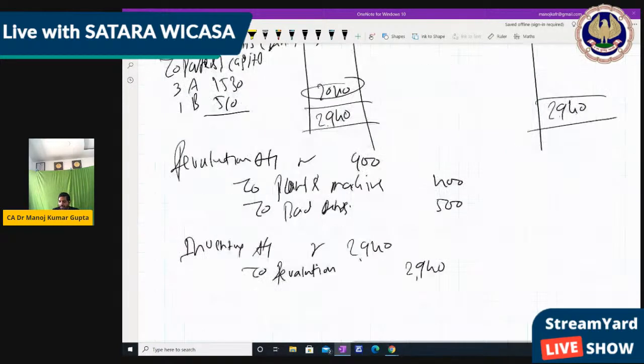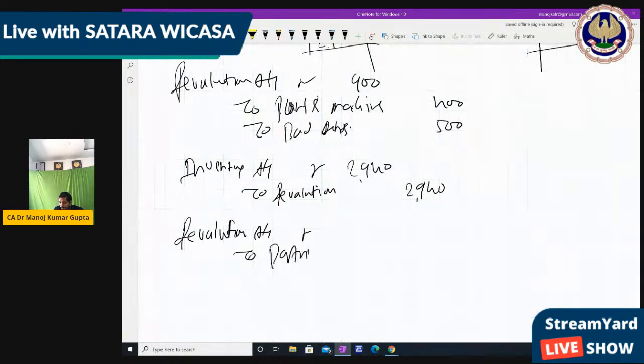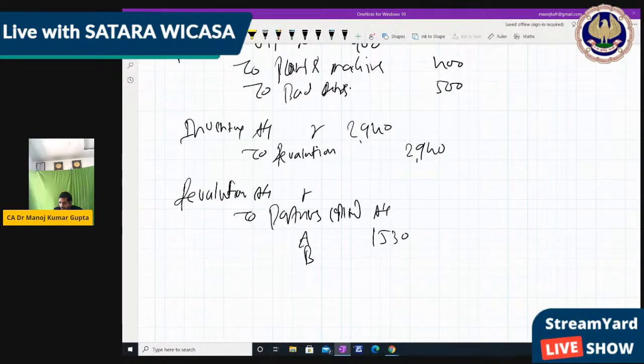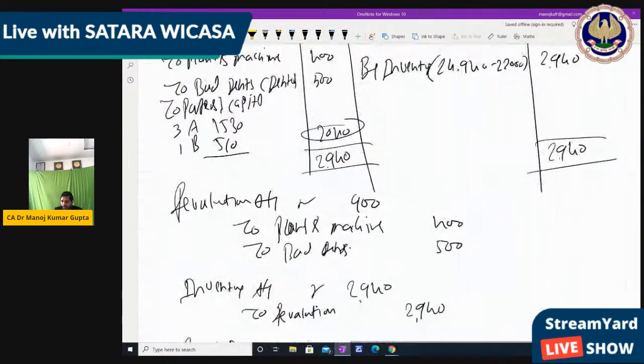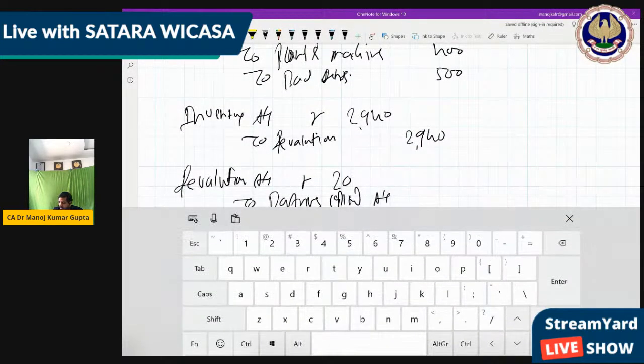Right? So that entry will be revaluation account debit to partners' capital accounts, partner A 1,530 and partner B 510. 2,040.